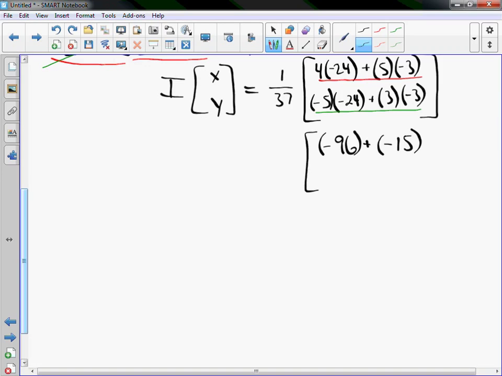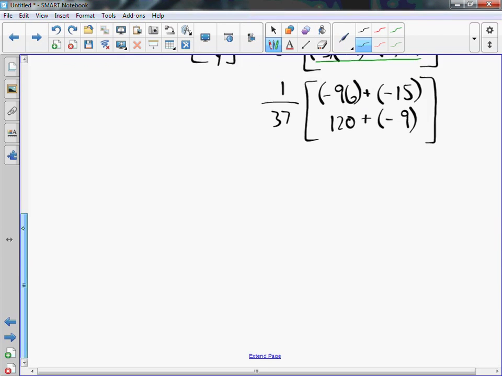Okay. I'm going to leave my 1/37th out front. And then negative 5 times negative 24, that has to be a positive number. And that is 120 plus negative 9. And now just simplify that.